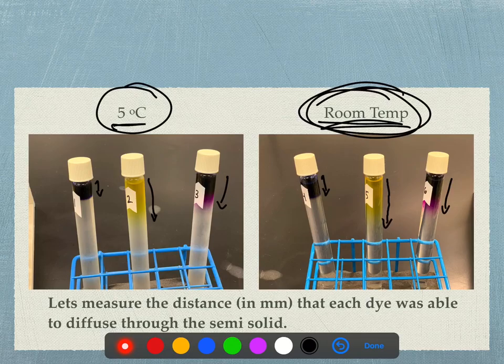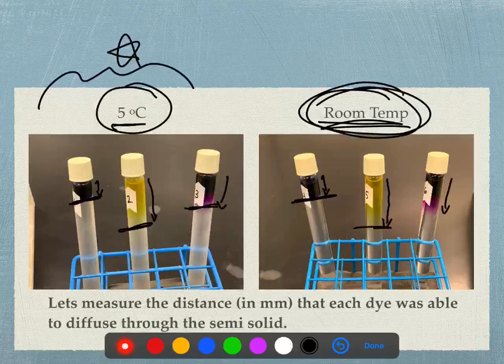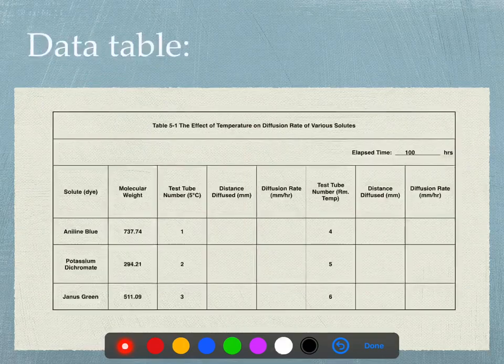In each case, room temperature shows farther diffusion than 5 degrees Celsius. And yet, if you just focus on the tubes at 5 degrees Celsius, you'll see that aniline blue travels a short distance, potassium dichromate travels farther, and Janus green is somewhere in the middle. In every case, it's the same, right? Pretty cool.